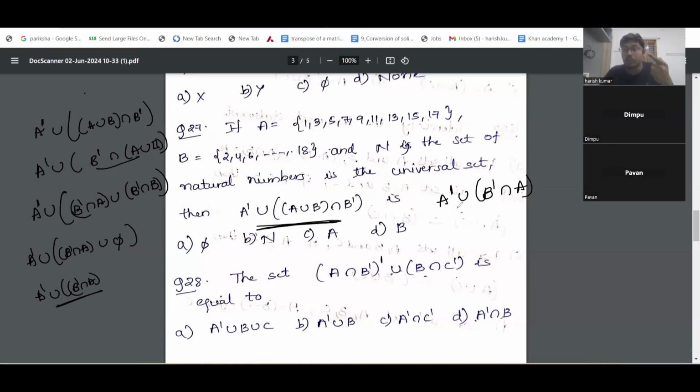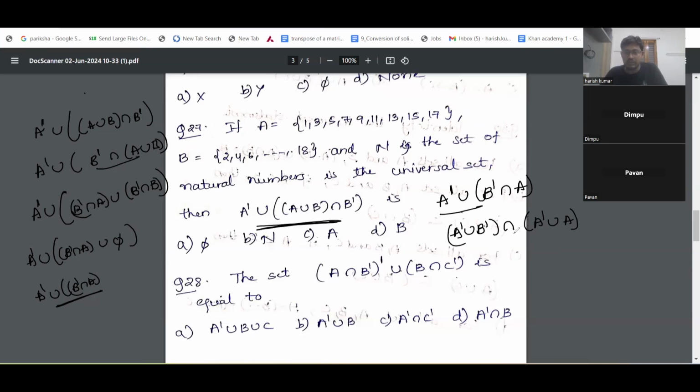So again, I have to apply the distributive property. It will become A complement union B complement intersection A complement union A, right?